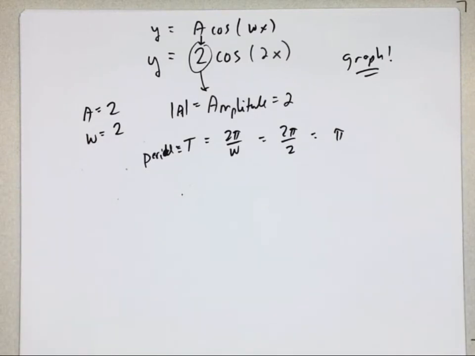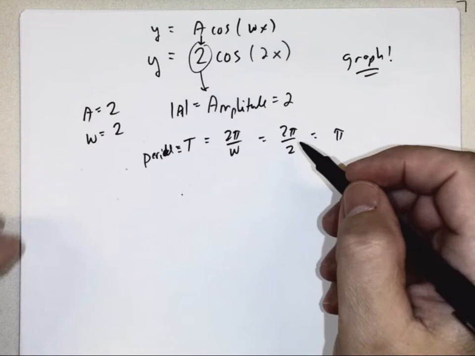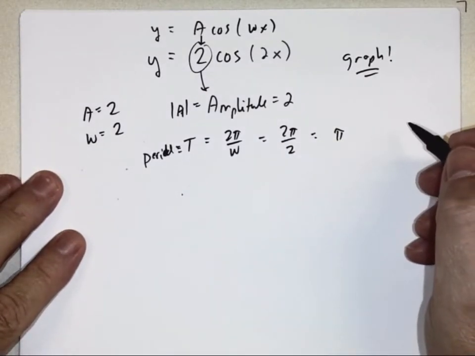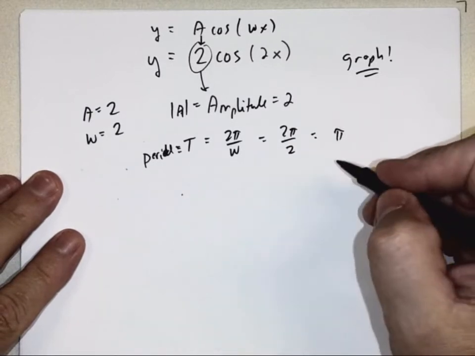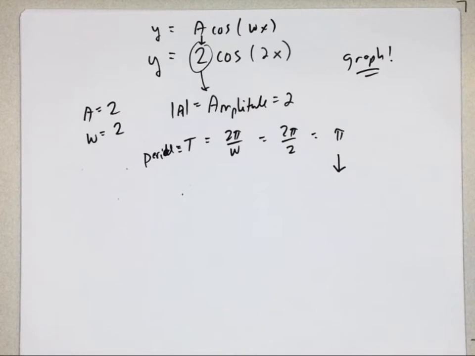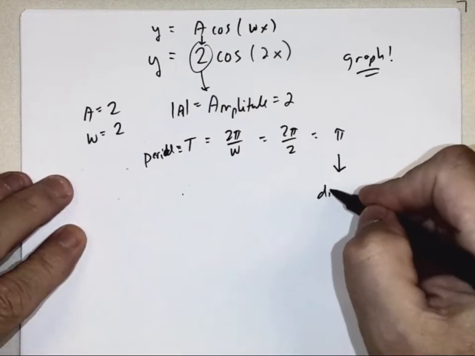So now we've determined that the period is pi, the amplitude is 2. Now when I get ready to graph, I'm going to take this period and do one more step. I always take the period and I divide by 4.